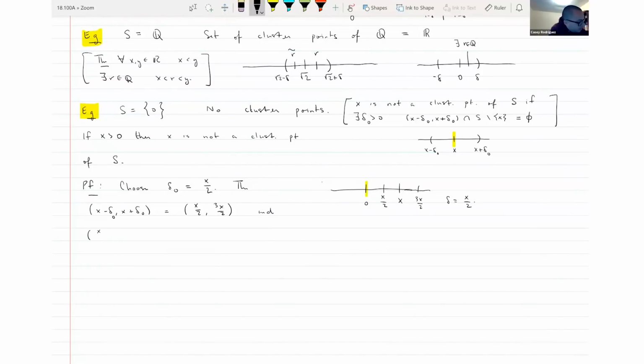And since 0 is not in this set, this implies the interval intersect S, take away X, equals empty. Okay? So we had to find a delta so that this interval around X doesn't contain anything from S, and we've done that by choosing delta 0 to be X over 2.